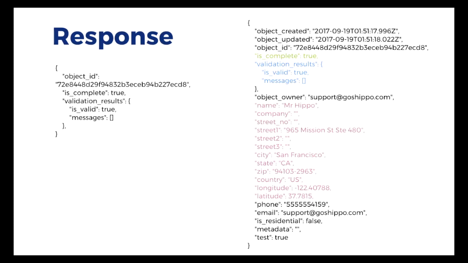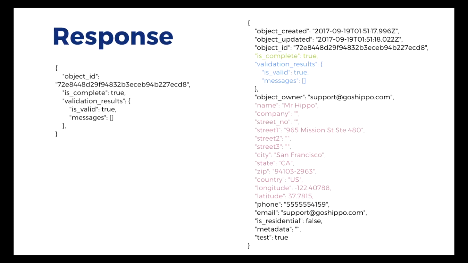The field highlighted in green here is the is complete field. This is necessary for understanding if you can use this address to successfully create a label. If we have enough information to actually ship something there, then is complete is true. Below that, we'll have your validation results. In this instance, we had a perfectly good shippable address.